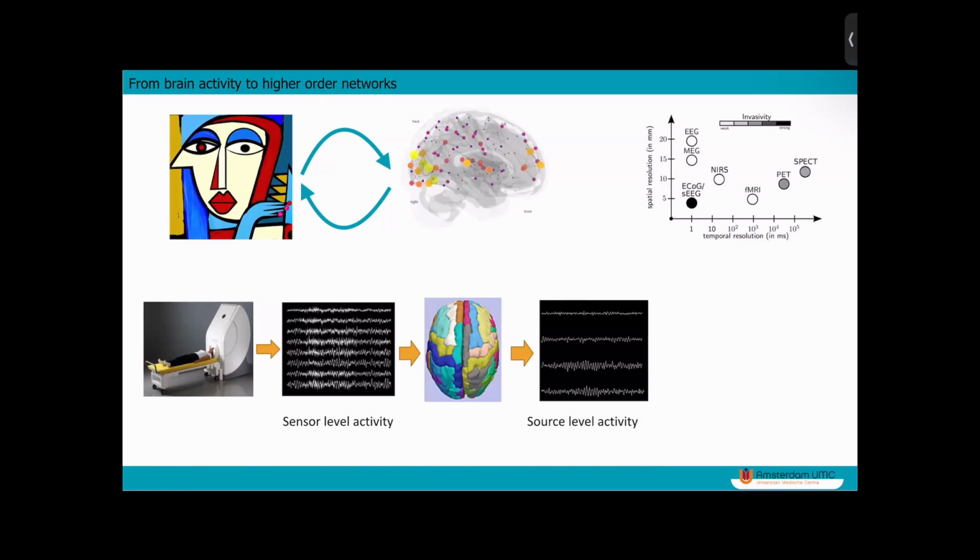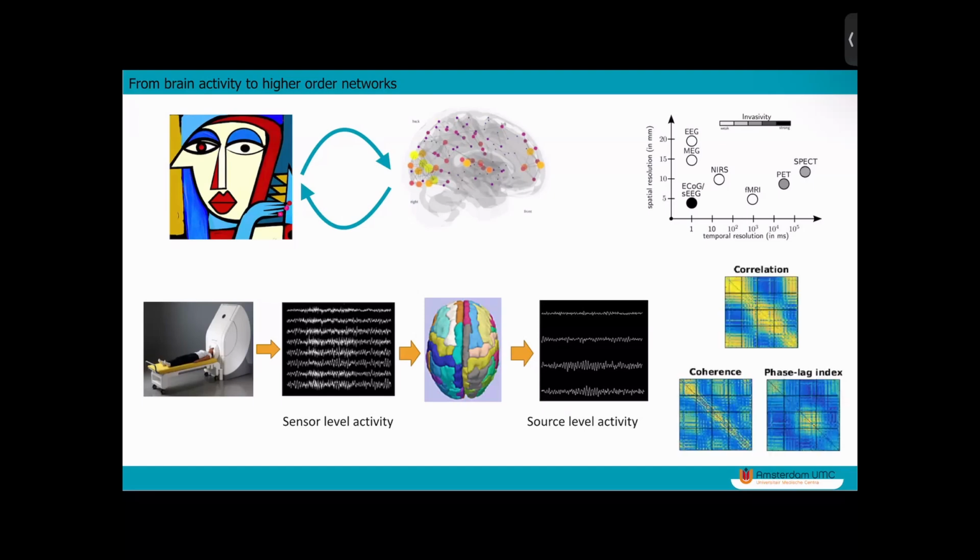Then somehow with a head model, you try to solve the inverse problem to get the activity at the brain itself, so in a set of brain regions. Again, this is still not a network, so we need another model to derive from the activity of the regions, the nodes, some connections.